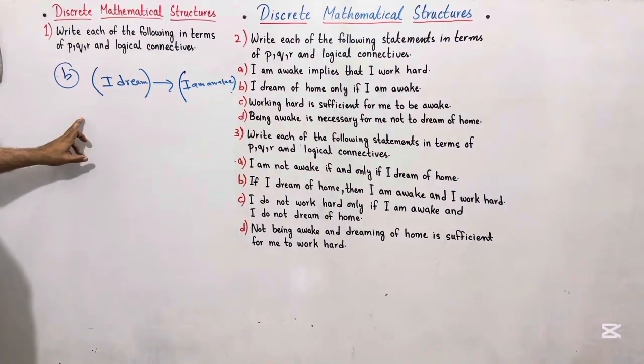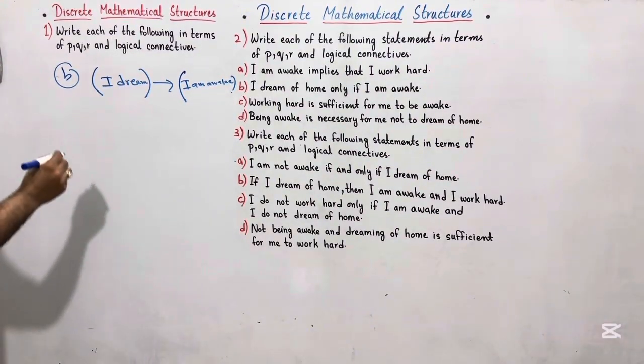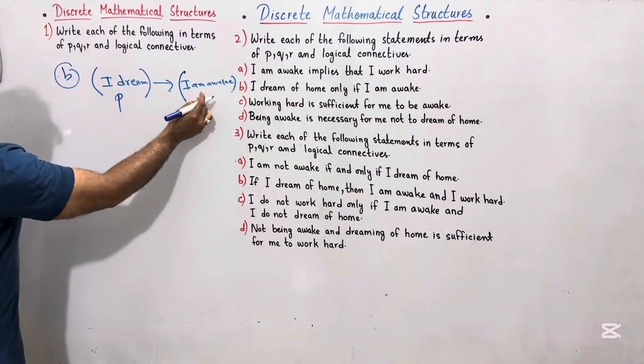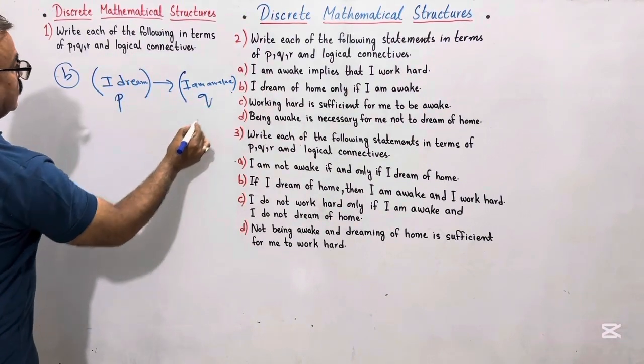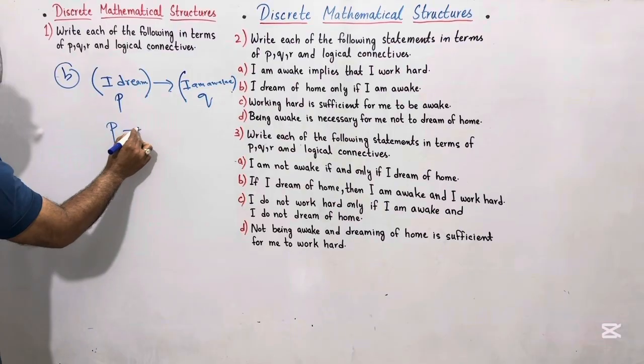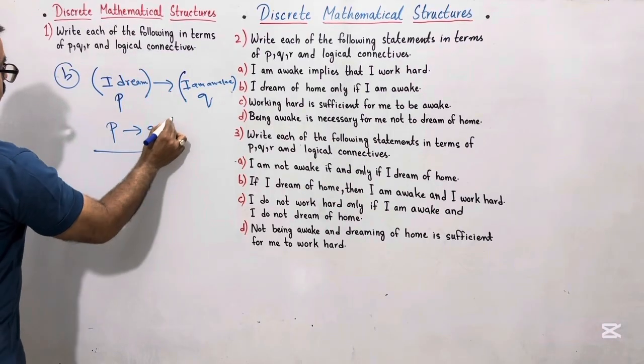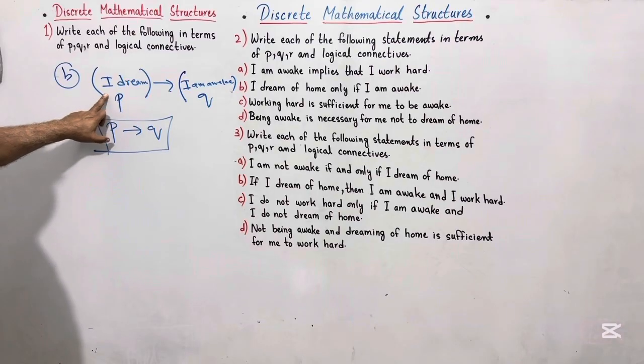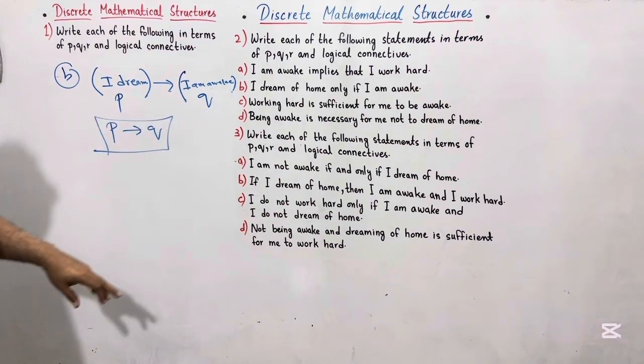Suppose the first is our P, then the second is our Q. It is P implies Q. We are naming them: I dream implies I am awake.